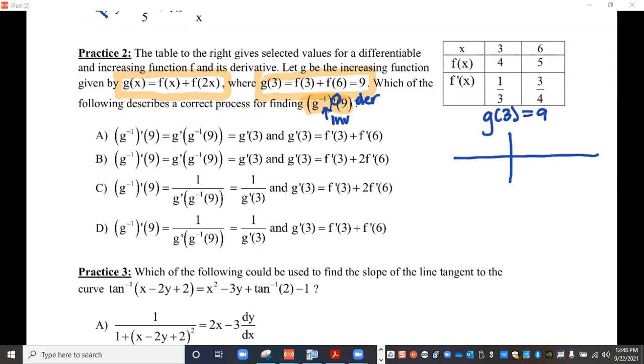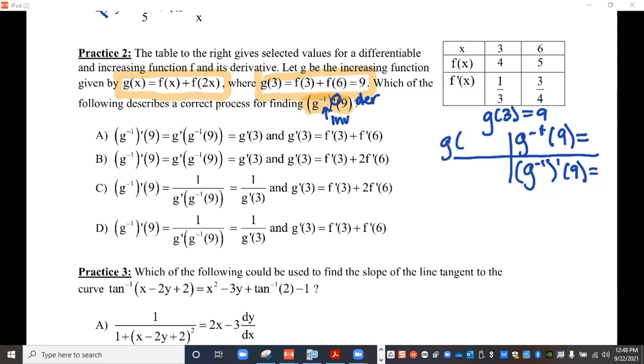So the process for finding the inverse for g's derivative. I'm trying to figure out what is my inverse for g's derivative of 9. I know that this comes from some point. So my inverse for function g of 9 is equal to something. For the inverse of g, remember the x and y switch.